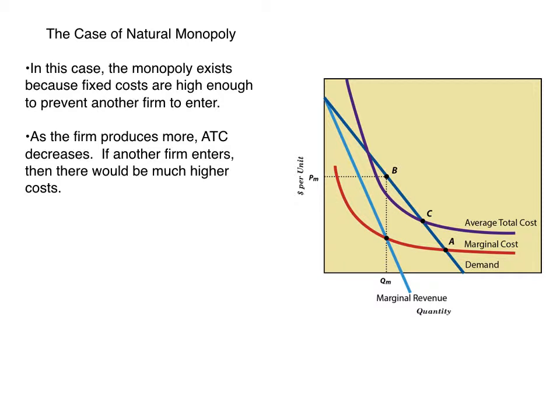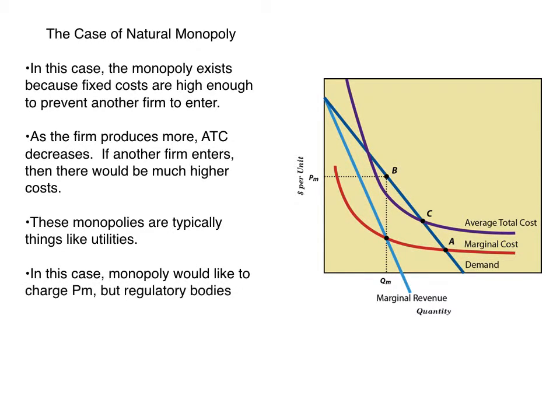If another firm enters, there would be much higher costs indeed. These monopolies are typically things like utilities, and these types of firms typically have high fixed costs, and it would be too expensive for another firm to enter into the industry.